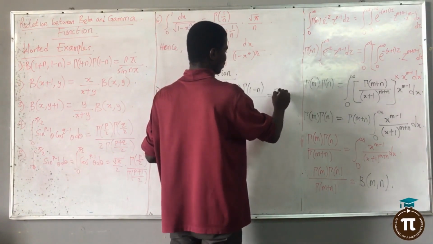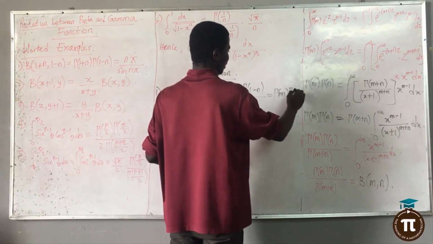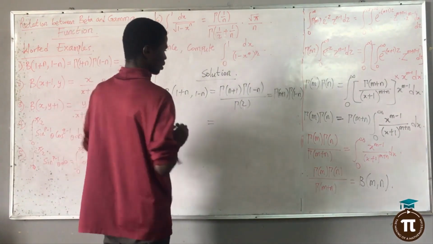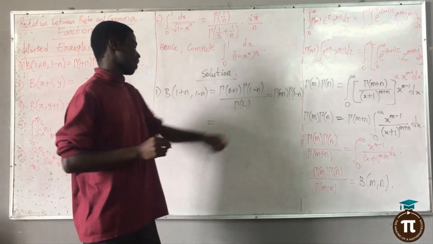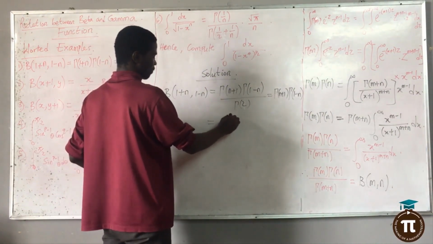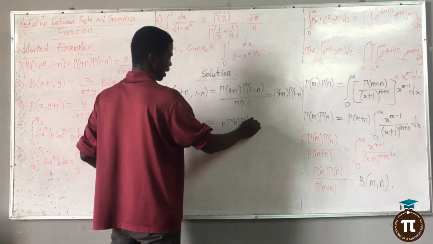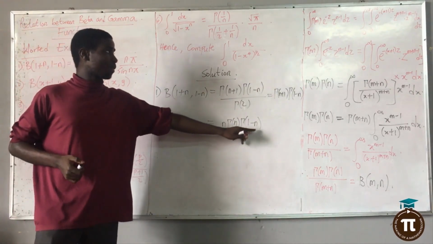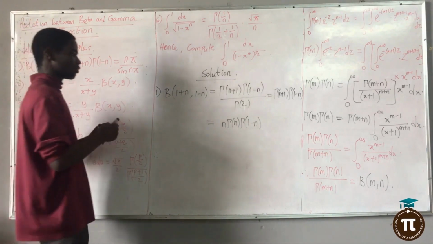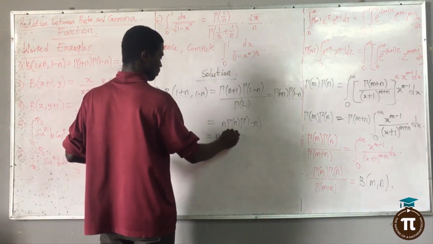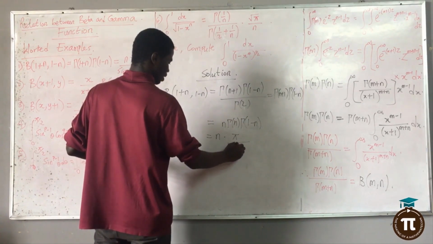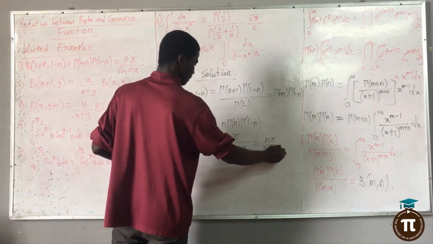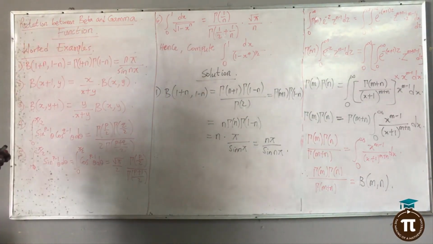So I have gamma of n plus 1, gamma of 1 minus n. And don't forget gamma of n plus 1 is n gamma of n. So that is n gamma of n, gamma of 1 minus n. So whenever you have gamma of n, gamma of 1 minus n, that was the second thing we proved. This will always be equal to n multiplied by pi over sine n pi. So the answer is n pi over sine n pi.